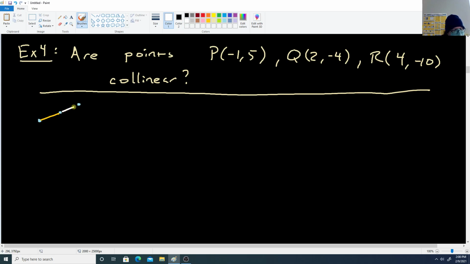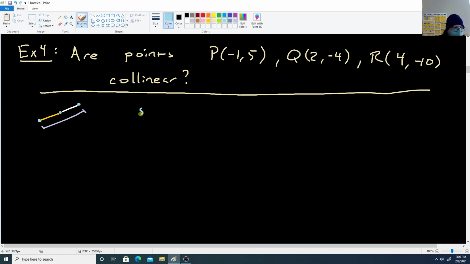Look at the next smaller distance between the 2 points and see if when you add those 2 smaller distances together, is that the same as the longest distance? If they're all in a straight line, then these 2 smaller distances add up to the larger distance.